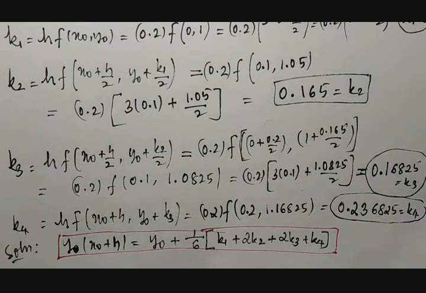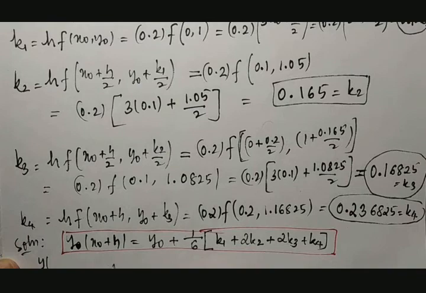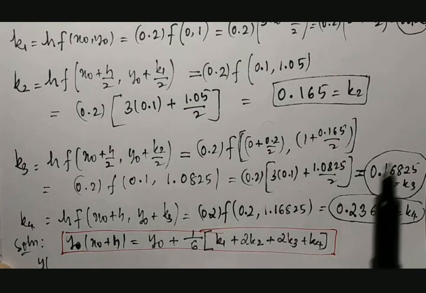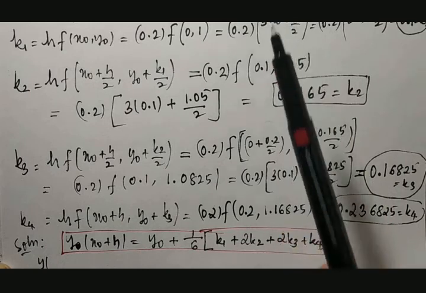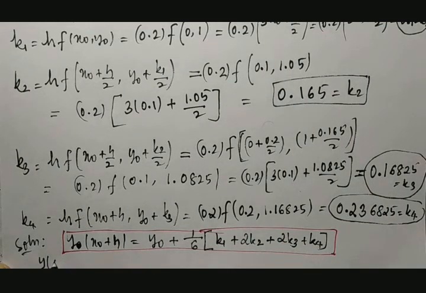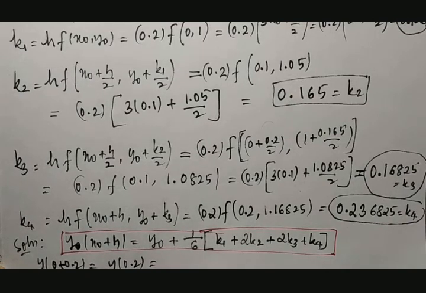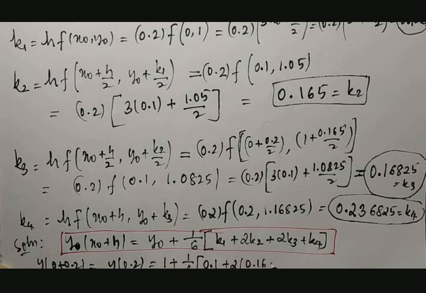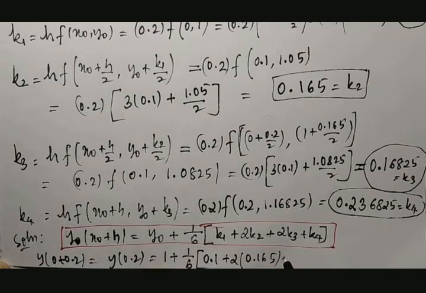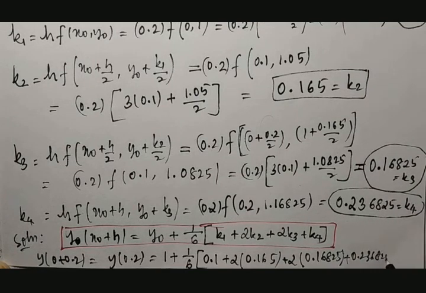What are the values now? y of x naught plus h. What is x naught? x naught is 0. Plus h, it is 0.2. 0 plus 0.2, which is nothing but y of 0.2, is equal to y naught, which is 1, plus 1 divided by 6 into K1, which is 0.1, plus 2 into K2, which is 0.165, plus 2 times K3, which is 0.16825, plus K4, which is 0.236825.